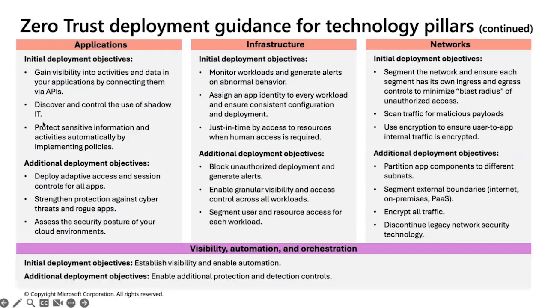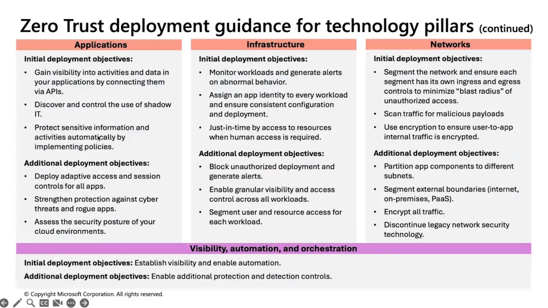Also, we can use shadow IT discovery to discover and control the use of different types of activities and behavior. And for that, we have a very good tool. We call it Microsoft Defender for Cloud Apps, which we use for shadow IT.